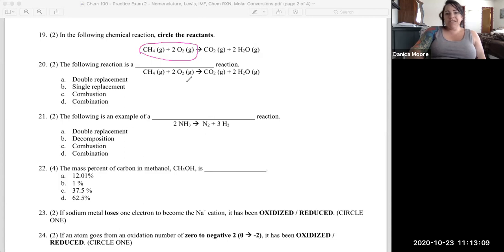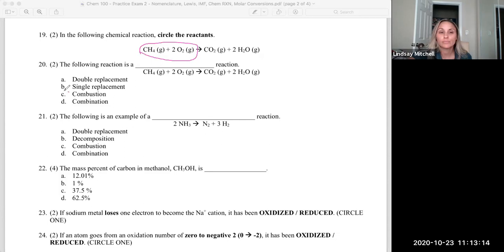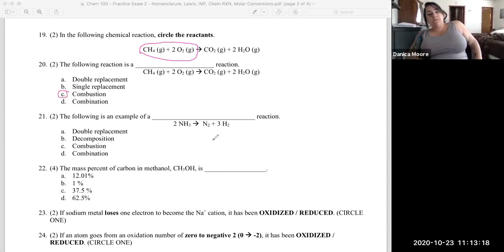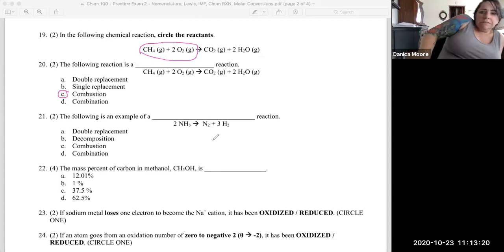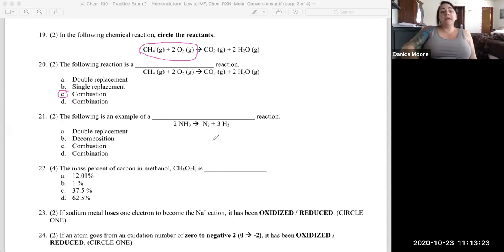And what type of reaction is this? Combustion. What about this reaction? What kind of reaction is that? Composition. That is a decomposition, right? So whenever you have one thing and it's breaking up into 2 things, that's a decomposition. If we had this written the other way around, where we were going from these guys to this guy, what kind of reaction would that be?